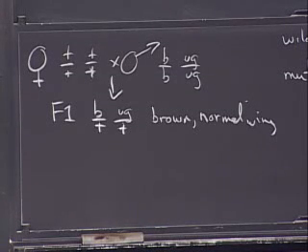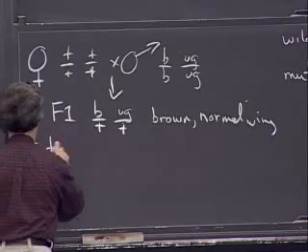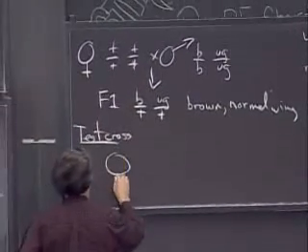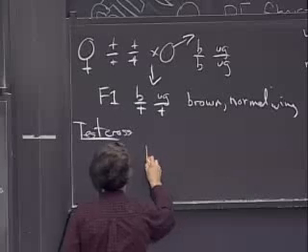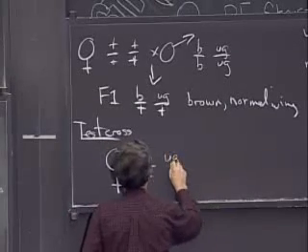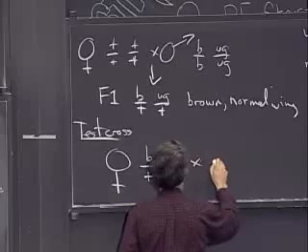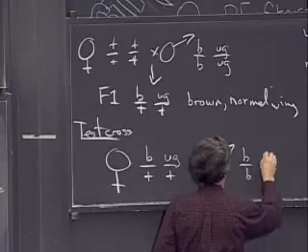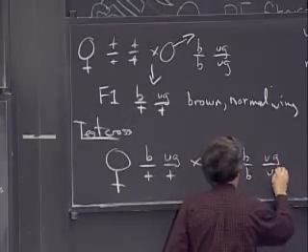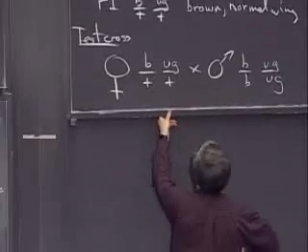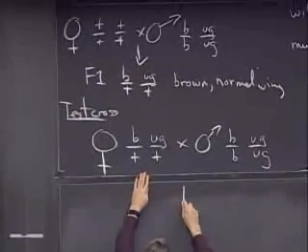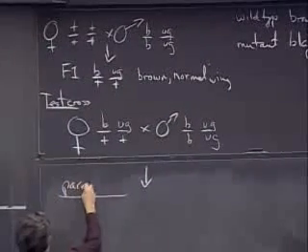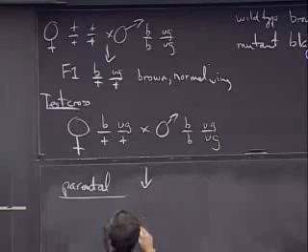We're going to take the F1, and in this case, we'll take a female who's got this, and we'll cross her with a male who's homozygous recessive, so that'll be black over black and vestigial over vestigial. And out of this, there are 4 possibilities. We can get parental phenotypes.